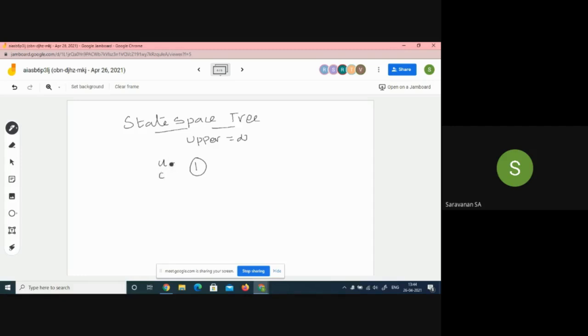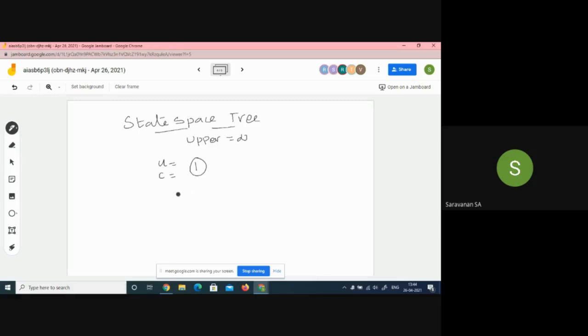As I told you, we will be converting this into a minimization problem. So we are going to find whether we are going to include an item or not.